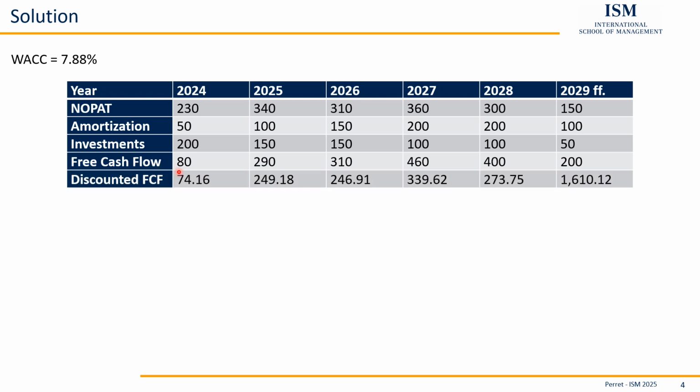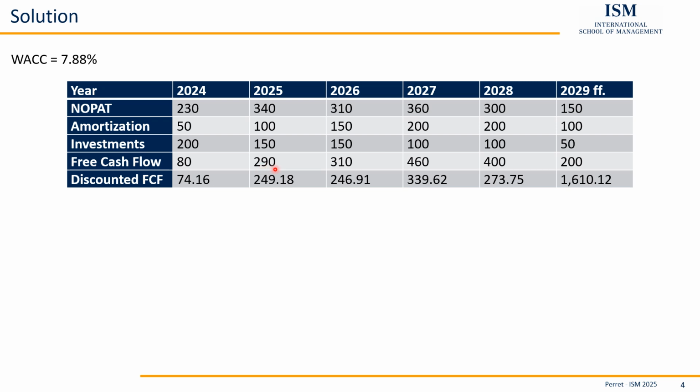Discounting means we're going to divide the cash flows by 1 plus the WACC to the power of the respective year in which we are. So this is the first, second, third, fourth, fifth year. So here we go, 80 divided by 1 plus WACC to the power of 1.